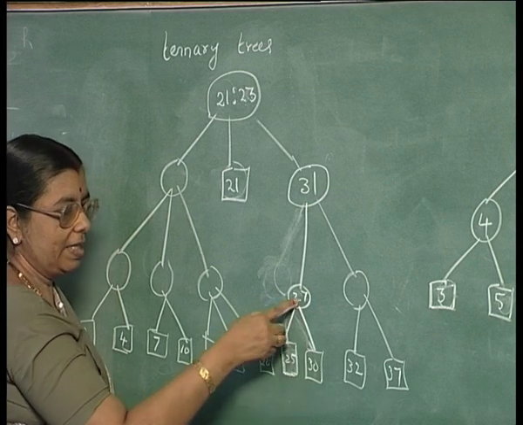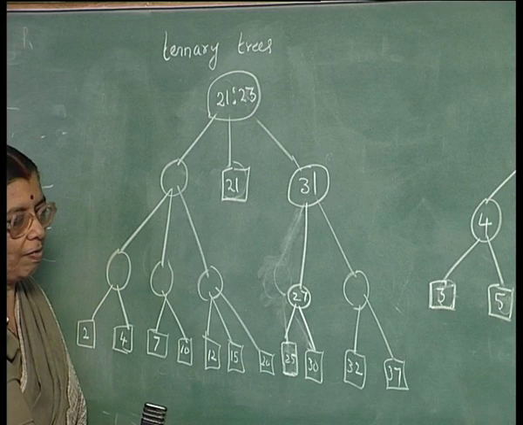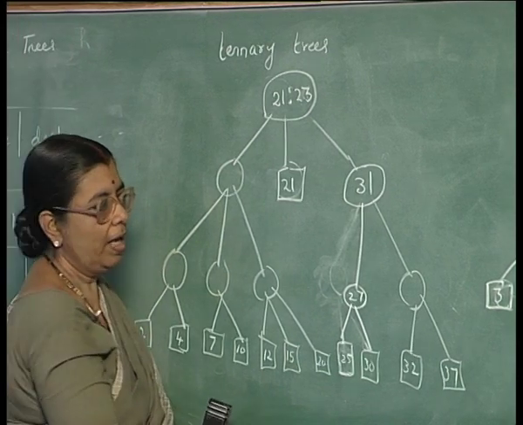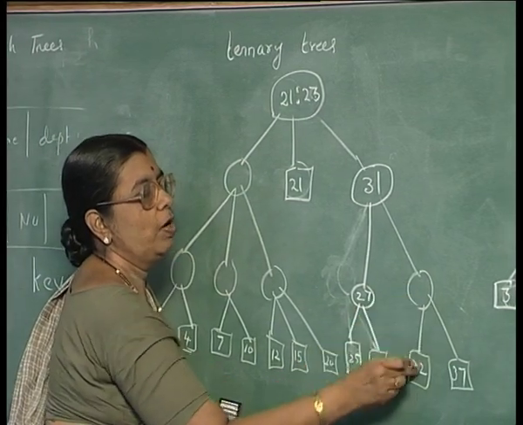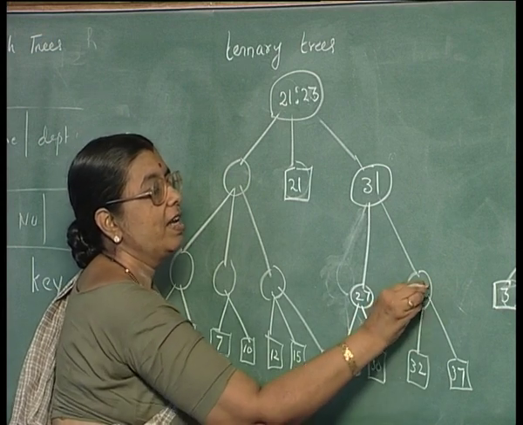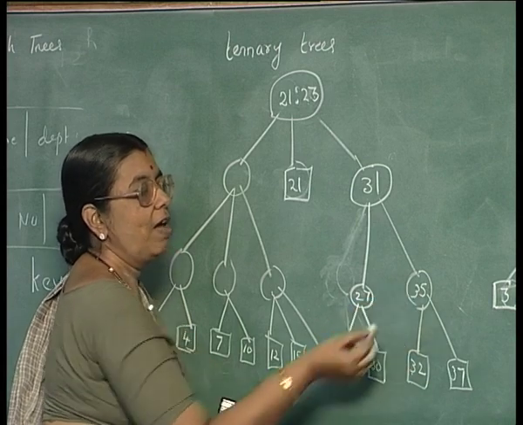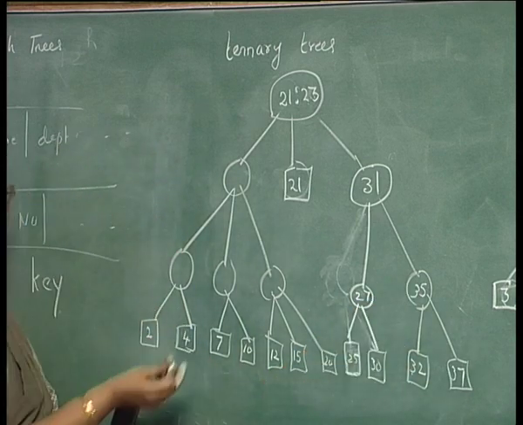So that the lesser value goes to the left subtree and the greater than or equal to value goes to the right subtree. Here also there are only 2 sons, so I can have a value, say something like 35 here. So that values less than 35 go to the left subtree, values greater than or equal to 35 go to the right subtree.